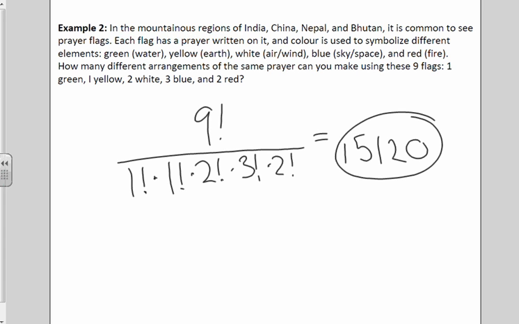So there are a lot of different arrangements. Now, if you find just 9 factorial, you're going to get about 362,000, right? So you're eliminating a lot of different permutations because they end up being identical. Does that make sense? Good.